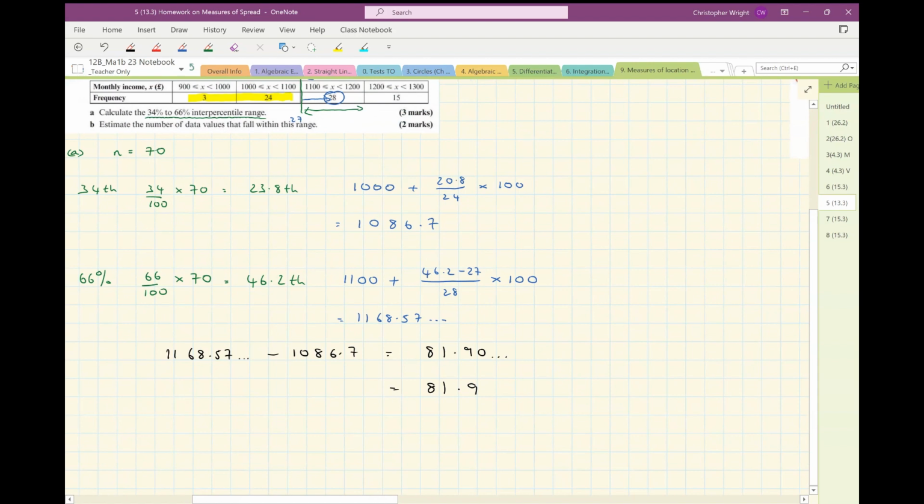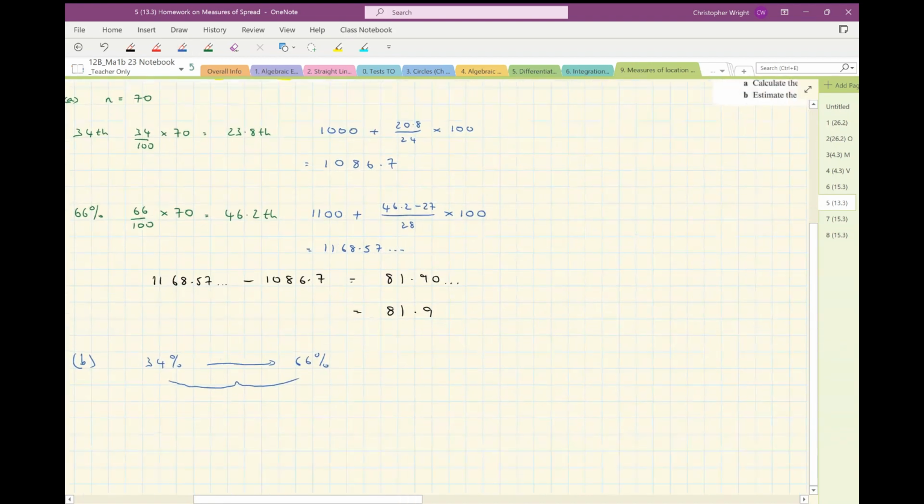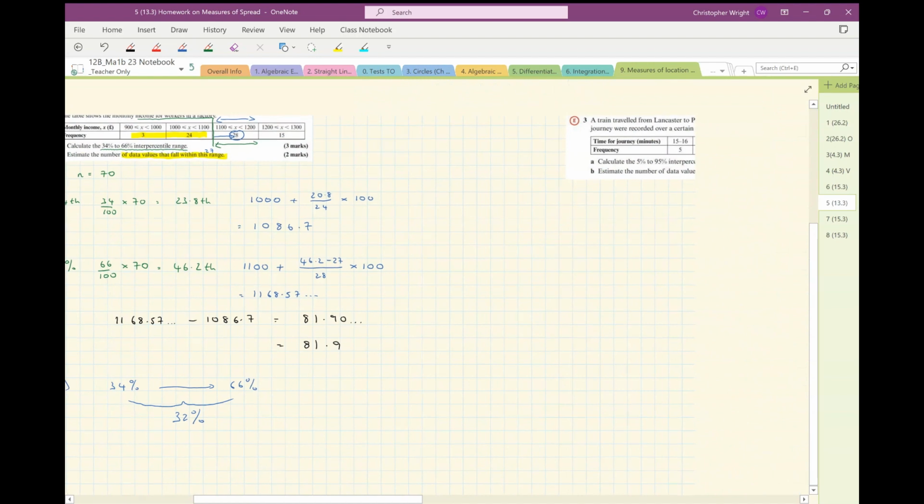Part B. Estimate the number of data values that fall within this range. Well, if I've got from 34% all the way up to 66%, then I'm obviously within that range got 66 minus 34, I've got 32% of the people.